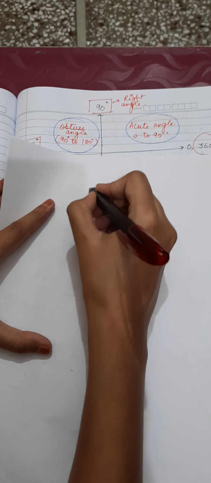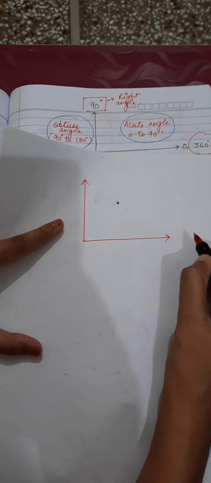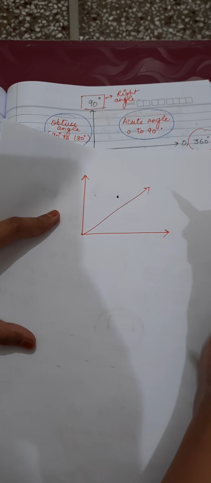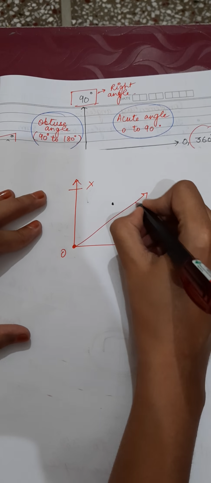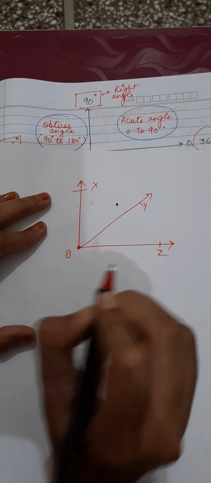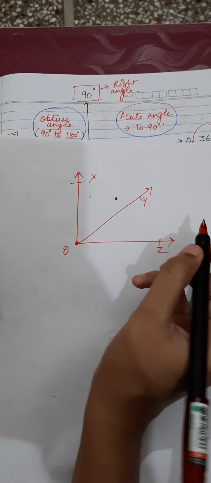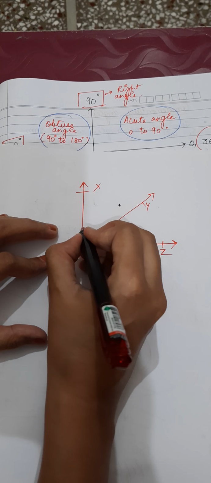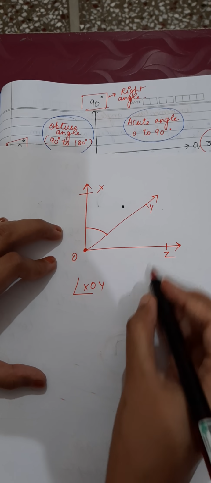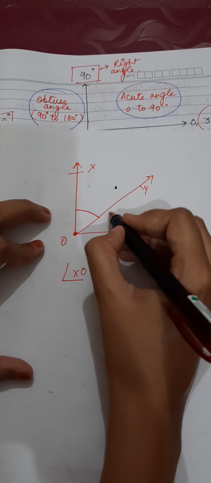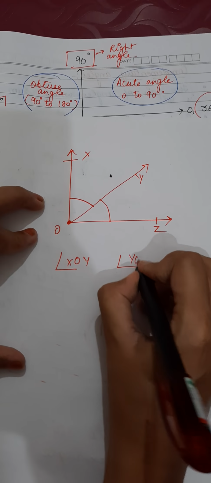See, these are two lines and one more line I have made. This is the vertex. Now I am going to tell you about X, O, Y and Z. Just find out the two angles which are made here. One is this angle XOY, and the second is angle YOZ.